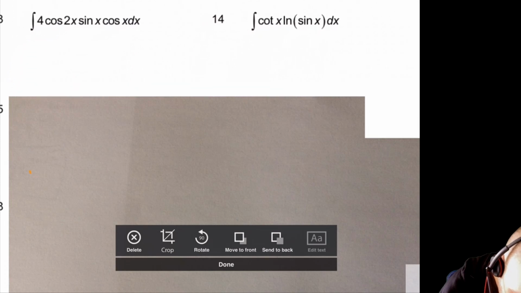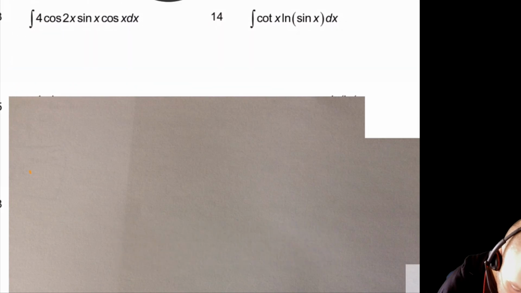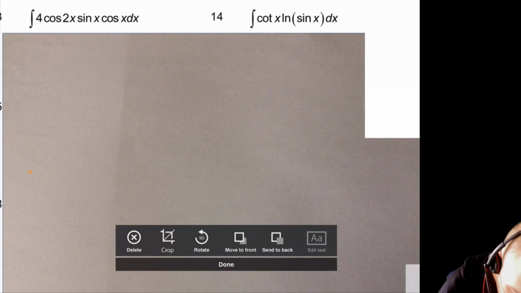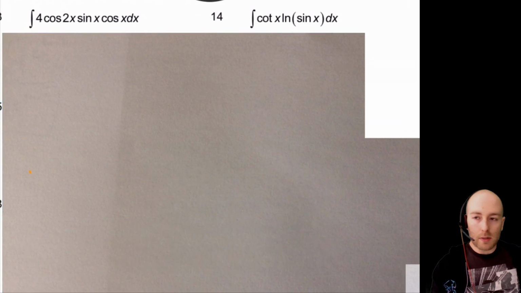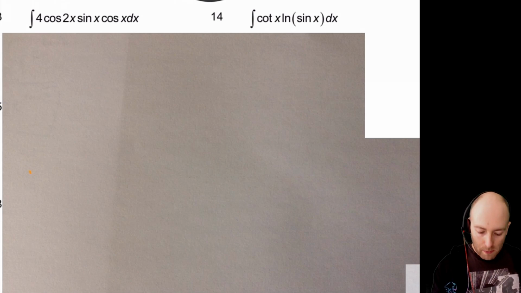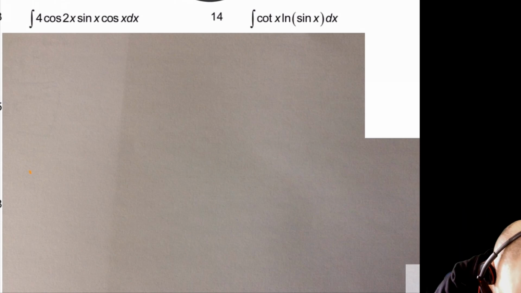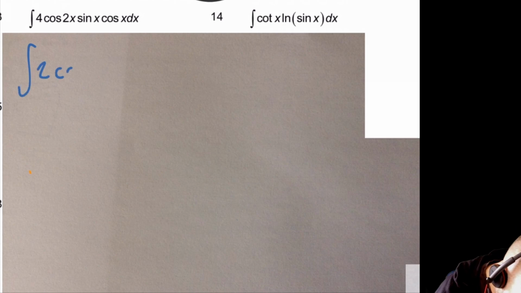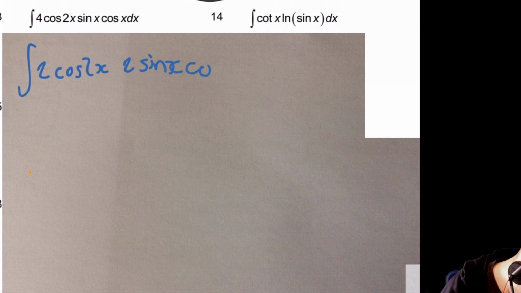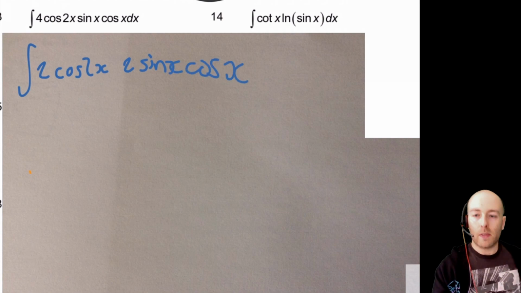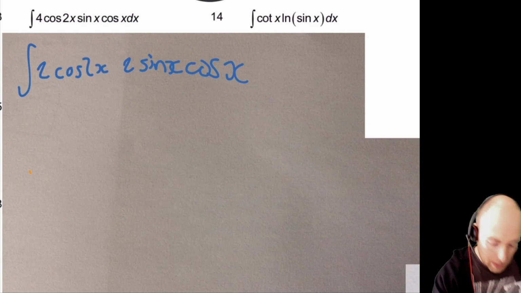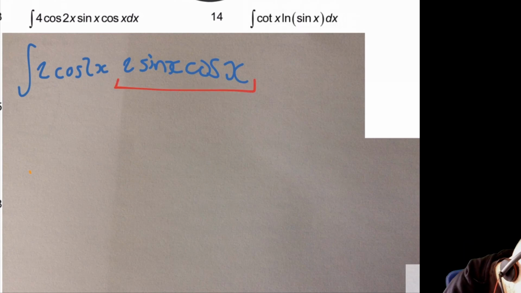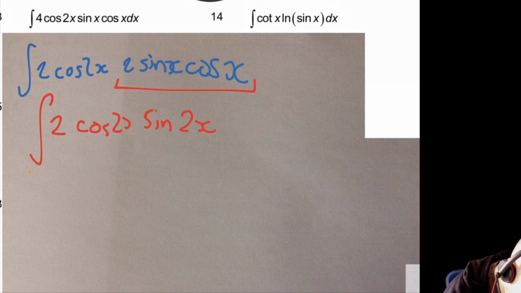Move these up. So 13 and 14. Okay, 13 is all about spotting. It's a double angle formula. So we've got 4 cos 2x. I'm going to split that up into 2 cos 2x times by 2 sine x cos x. So 2 sine x cos x, that's the double angle for sine. So that I can write as sine 2x, which makes our integral 2 cos 2x sine 2x.